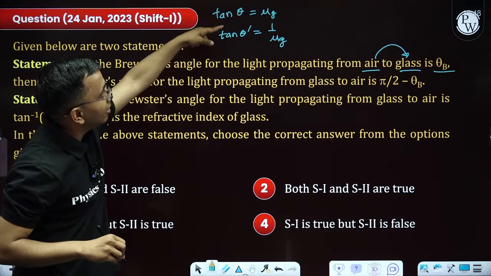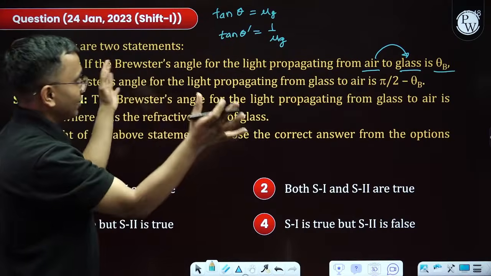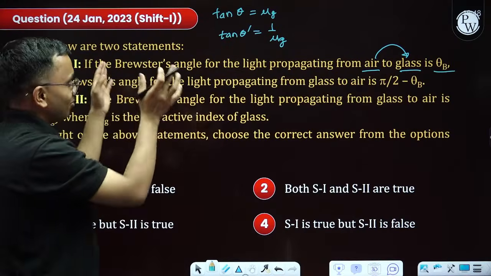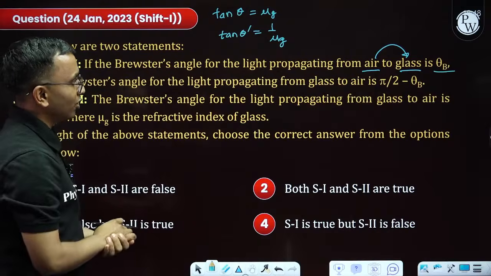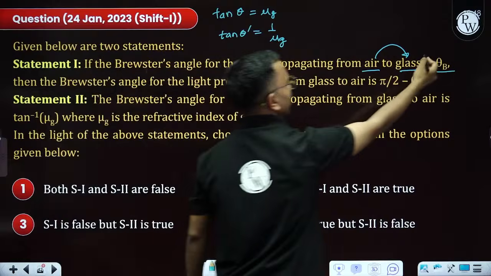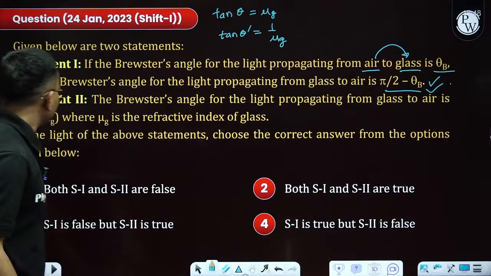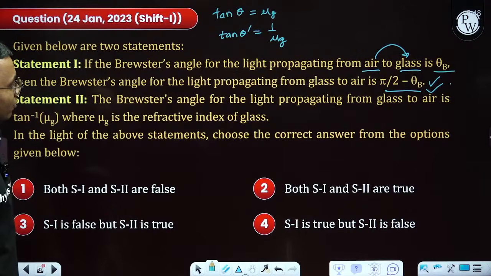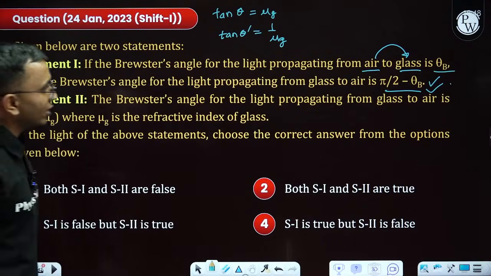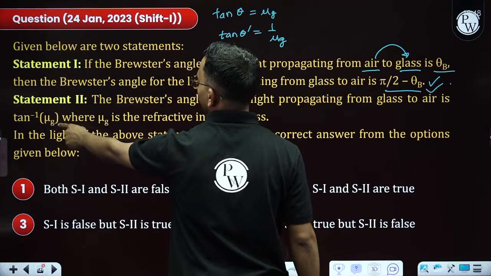It means theta plus theta dash has to be equal to pi by 2. Therefore, theta dash has to be equal to pi by 2 minus the initial angle theta. Yes, this is correct.